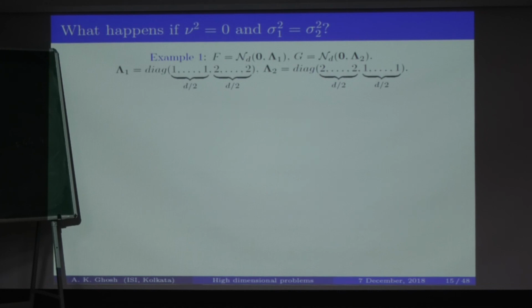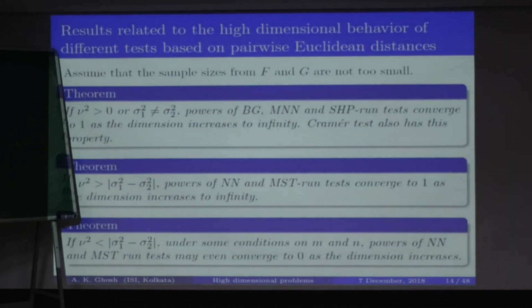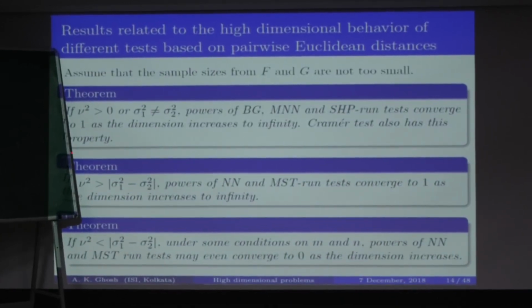Now, so far I know that if there is a location difference or scale difference, note that sigma square is the average variance. Sigma 2 square is the average variance for the second population, and sigma 1 square is the average variance for the first population. So it says that if there is a difference in location or difference in average scale, then one of these 4 tests, BG, MN, this one, or the Cramer test, have the high dimensional consistency, but we do not have the high dimensional consistency for the nearest neighbor and MST test.